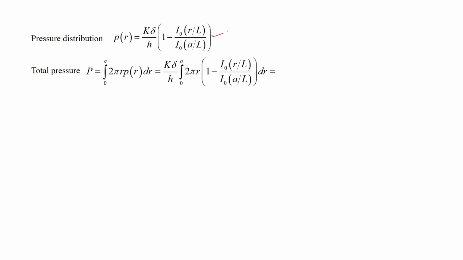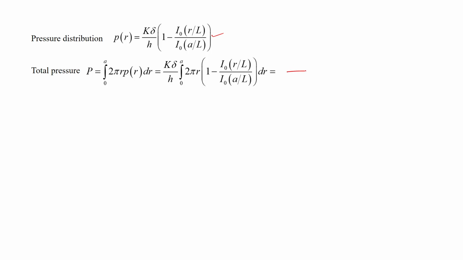So this is K delta by h, integrated from 0 to a, of 2 pi r into 1 minus I0 of r by L divided by I0 of a by L, where L is a characteristic length scale that comes from the material properties. Delta is the vertical deformation at the top surface, at z equal to h.